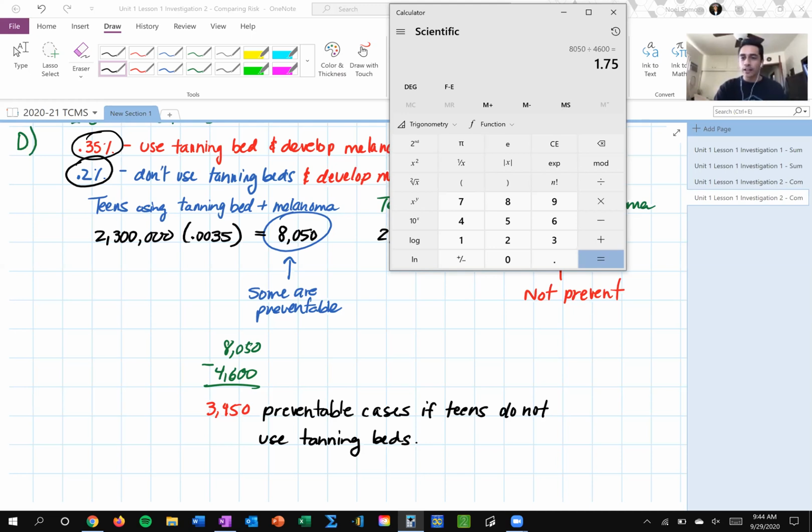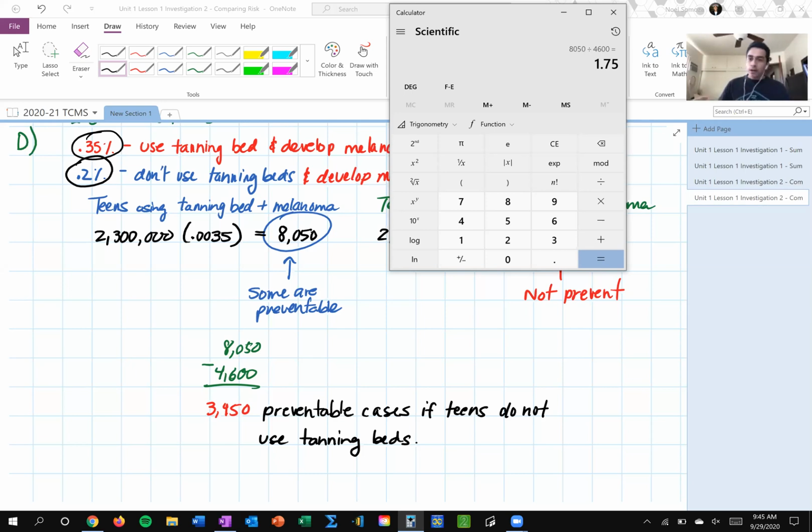So although dividing is what we use to find the relative risk factor, what we want to do, once we know how many cases are going to occur as a result of tanning beds and how many are going to occur regardless of tanning beds, is subtract those two values. That tells you preventable human cases. You want to think of a case as a preventable person, a person who did not get melanoma.